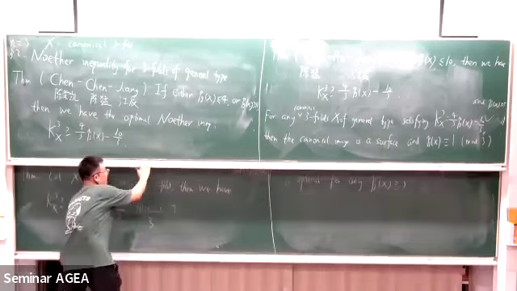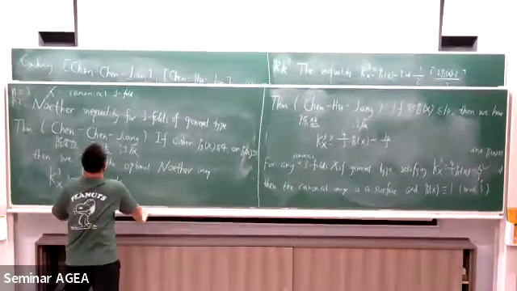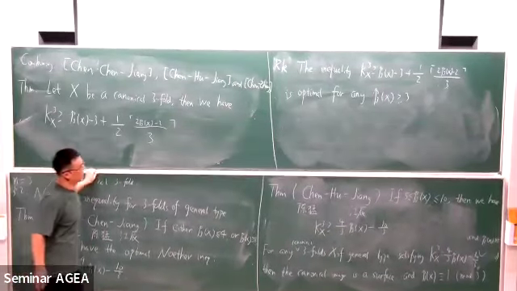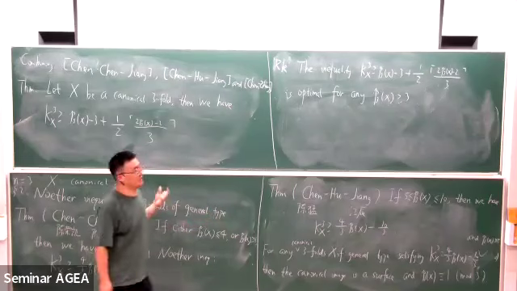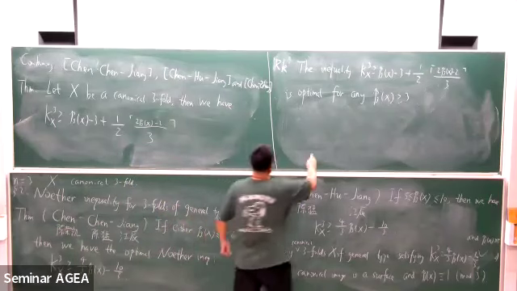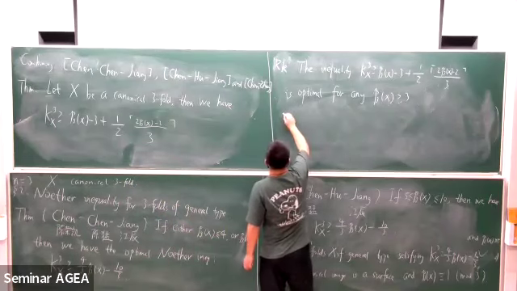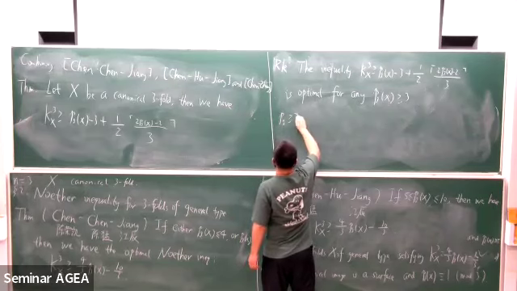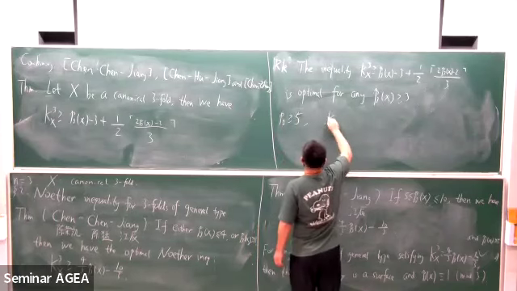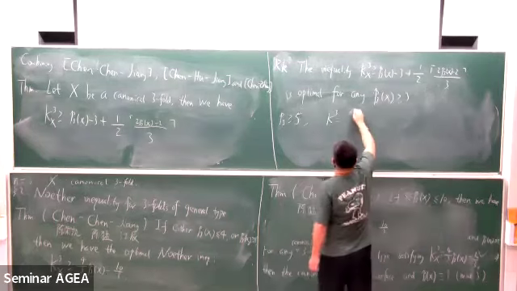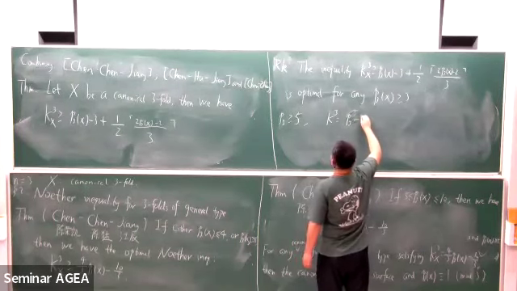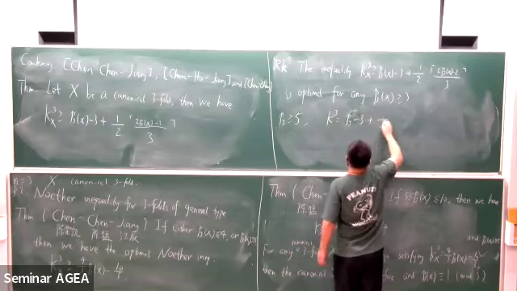So the next question is how to study the moduli space of these threefolds. Now let Pg be larger than or equal to 5, and K cubed be Pg minus 3 plus this one.